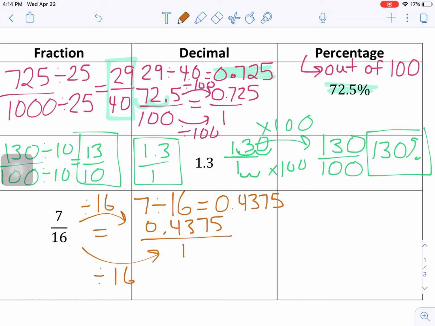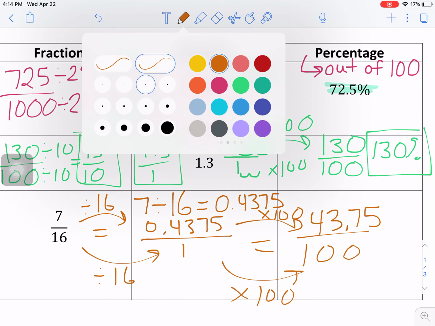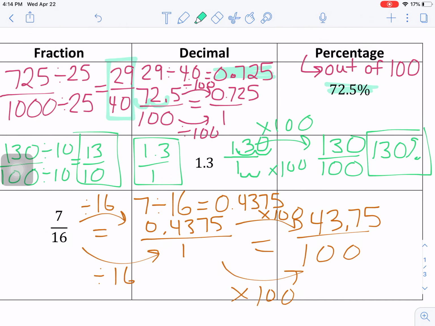Now, of course, to get it as a percentage, we want to think of a percentage out of 100. We want to take 1 and multiply it by 100, which means we also want to take 0.4375 and multiply it by 100. That's just sliding the decimal place. So 43.75. We're taking our decimal here and sliding it over 2 to the right.